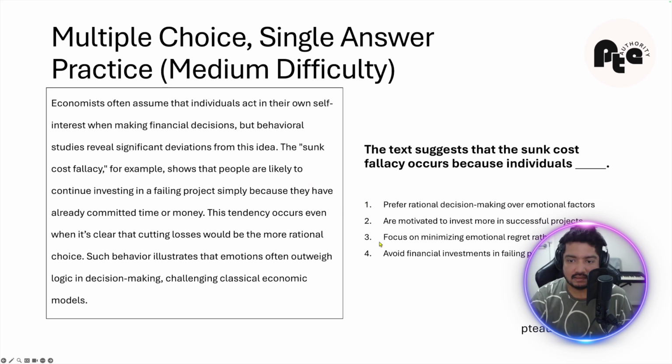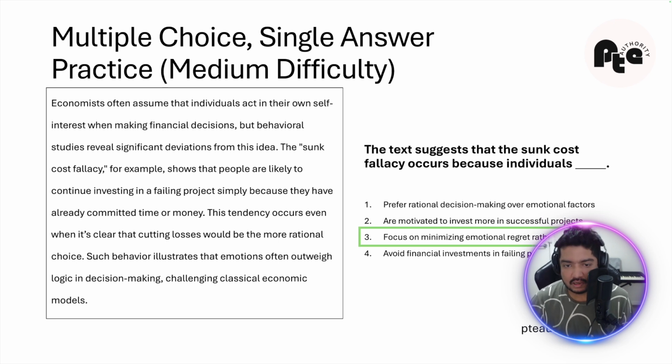So I think they're trying to focus on minimizing emotional regret rather than logic, because if they had gone by logic, they would have stopped investing in a failing project, but they are trying to minimize the emotional regret here because they have already committed a lot of time or money into the project. So the answer to this question is option 3, focus on minimizing emotional regret rather than logic.